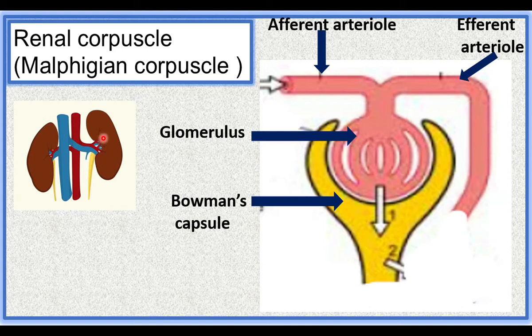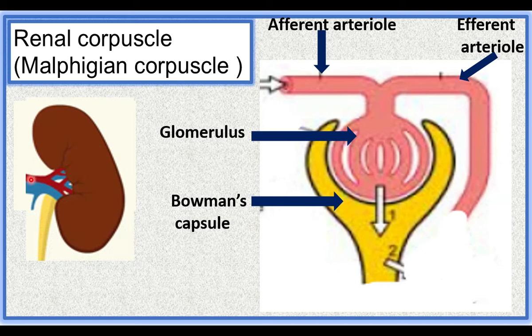Kidneys receive blood supply through renal artery and through renal vein the blood comes out of the kidney. The red color blood vessel is renal artery. It brings blood to the kidneys. Inside the kidneys, the renal artery branches several times and forms many arterioles.